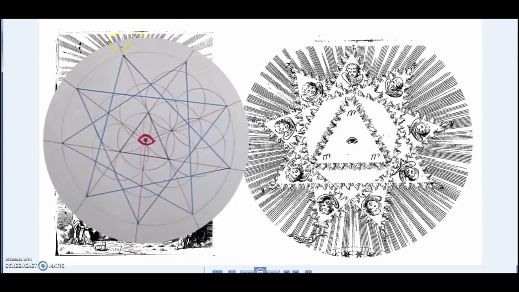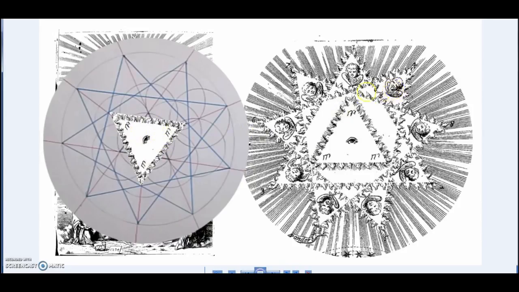And so there we see just a close-up of it. Now 1, 2, 3, 4, 5, 6, 7, 8, 9, with this triangle and the all-seeing eye in the middle of it. Now, this is the drawing that I eventually came to, and I drew the eye in there, but what you really need to do, if I'd paid closer attention before I drew it, is line up this triangle with one of these points there, and you get the eye.